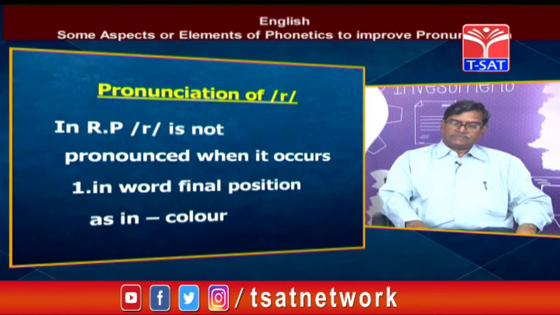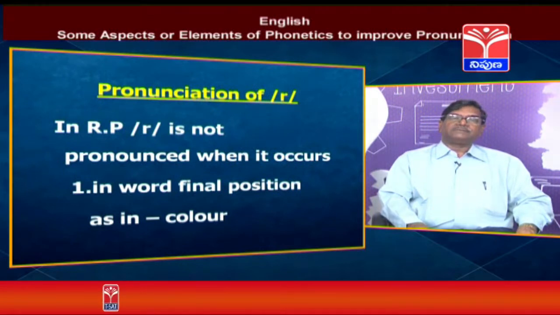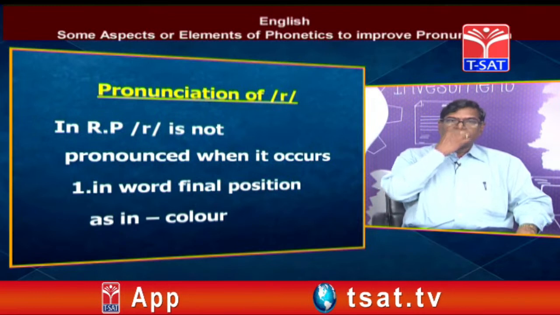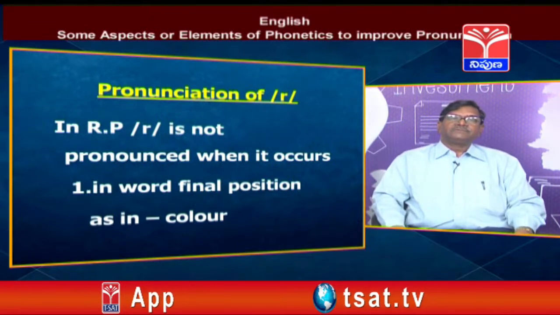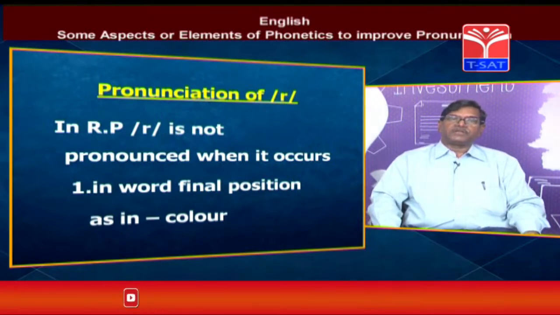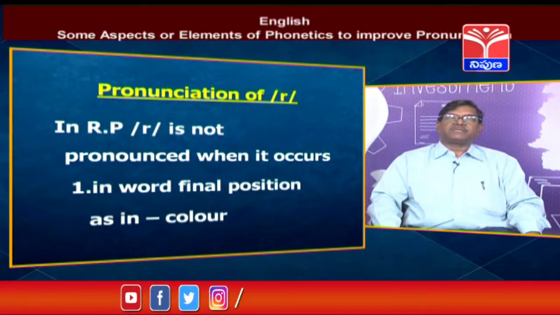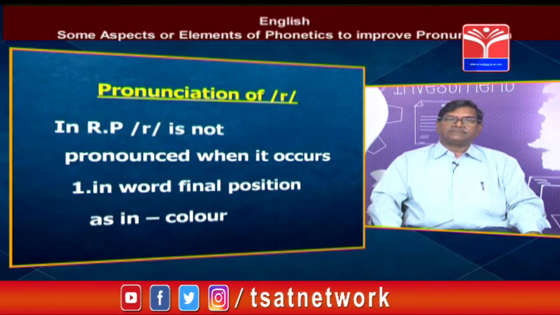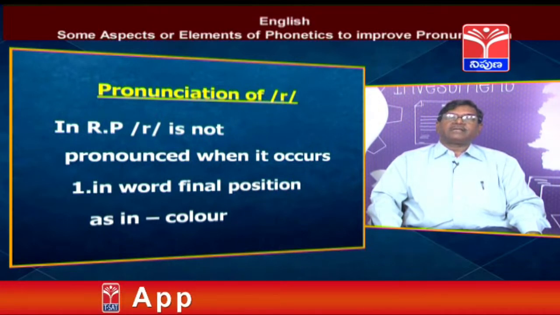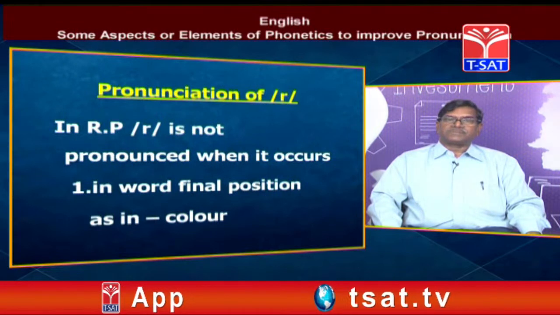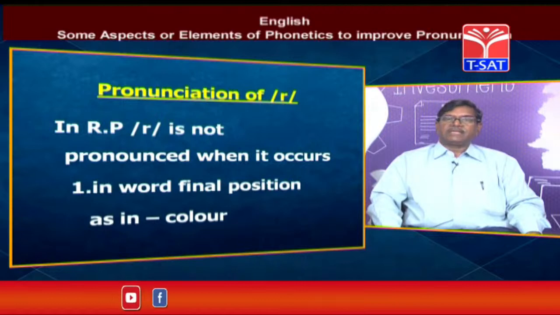Then let us talk about pronunciation of r sound. In received pronunciation RP of England, r is not pronounced when it occurs in word final position, as in color. The word ending r is not pronounced, and before a consonant sound also it is not pronounced, like certain.